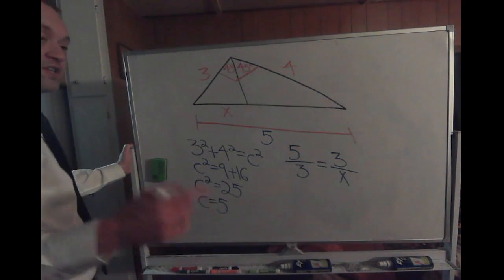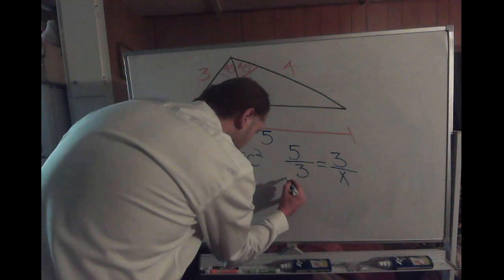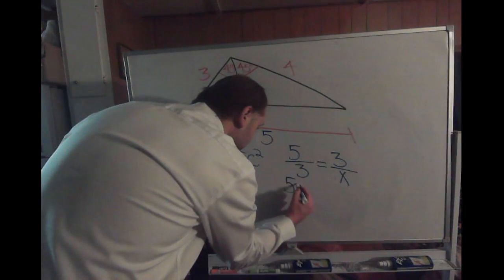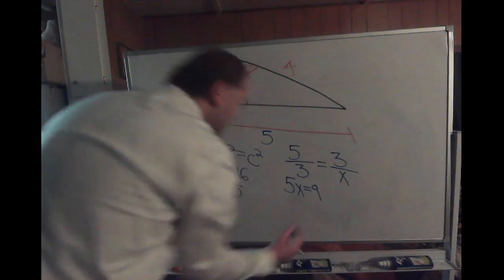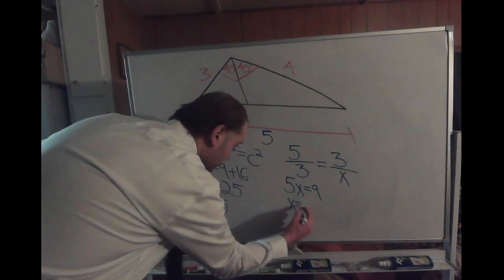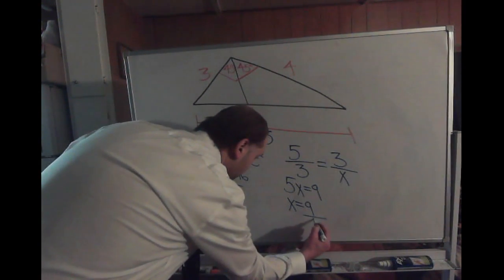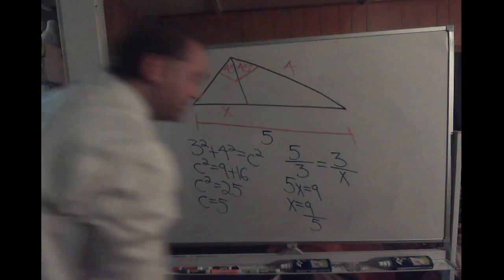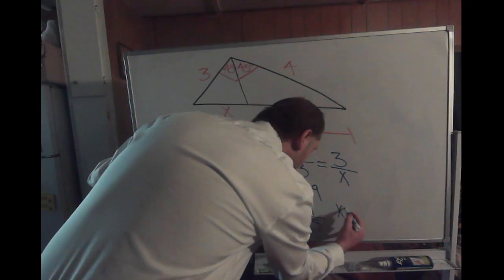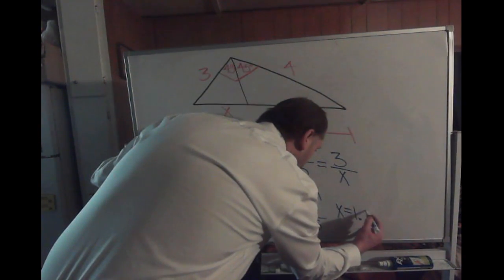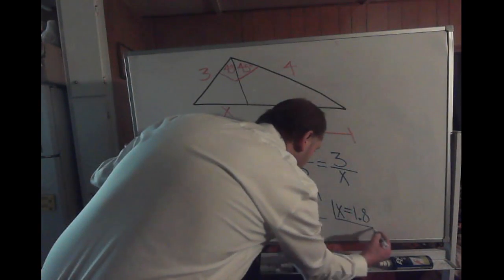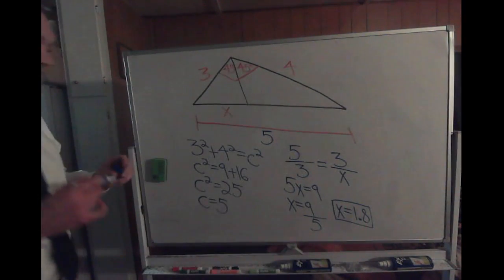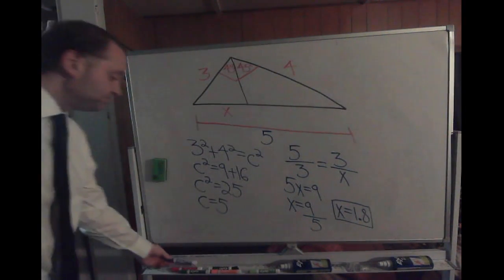Now all we have to do is cross multiply. You would end up getting 5x equals 9, which means x equals 9 over 5. Well, what is 9 over 5? That's 1 4/5, which means x has to equal 1.8. So x, therefore, has a length of 1.8.